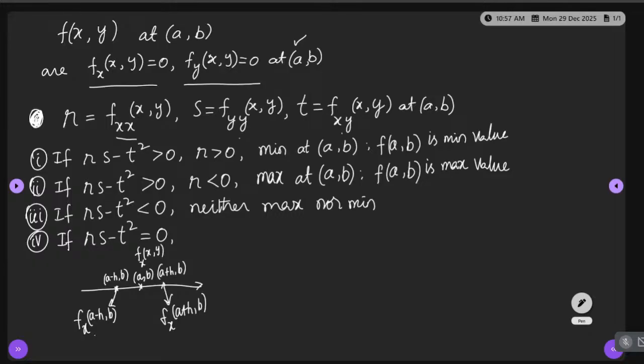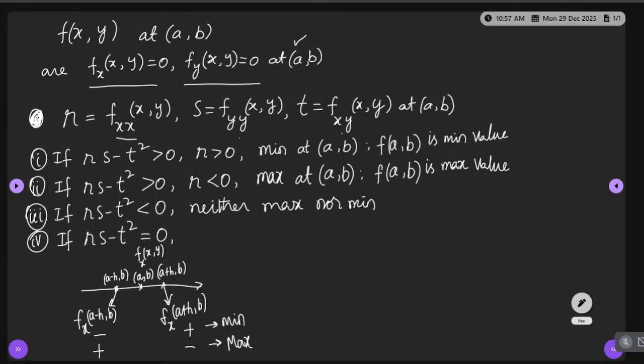If it changes from negative to positive, then it attains minima. If this one is negative and this one is positive, you are getting minima. If this is positive and this is negative, it will be maxima. No change of sign, neither maxima nor minima.